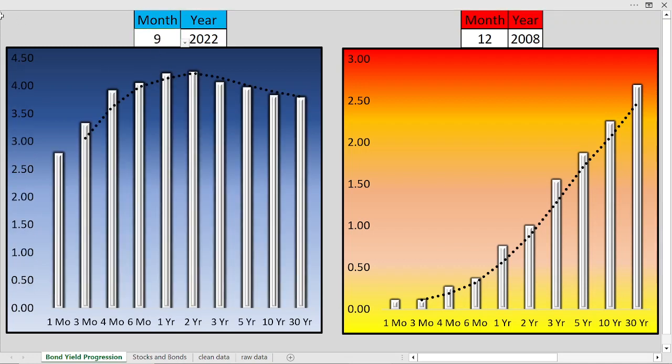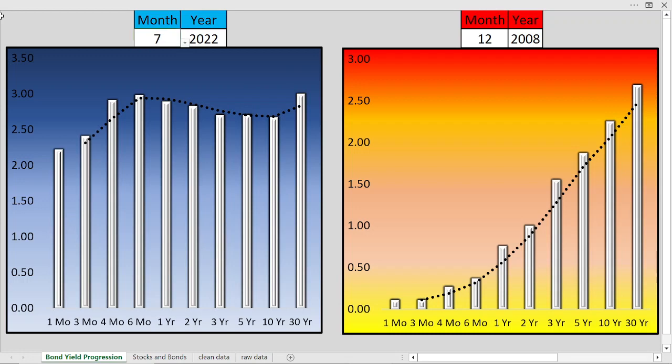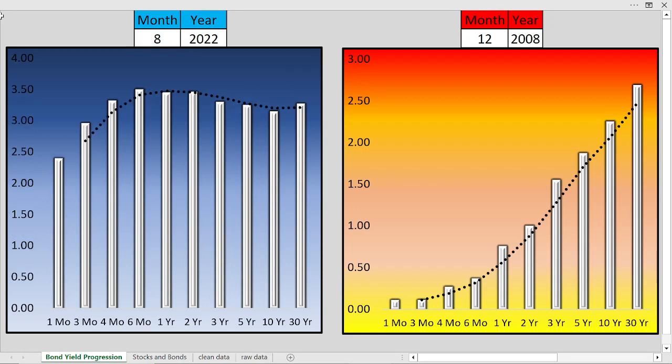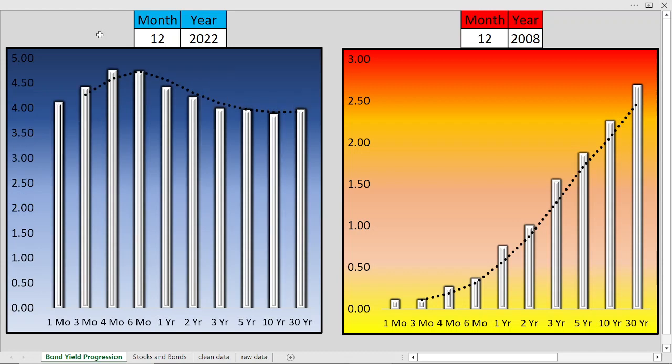Remember, it was actually July. Well, June we started. Then July, there's the inversion. August and September.